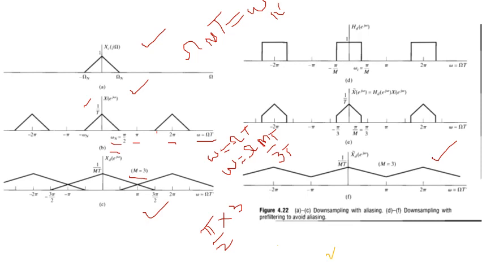Likewise you can find out this other point. This will obviously go beyond pi. It is not difficult to find this point, because we know that this point is omega s minus omega n, and omega s here is 2 pi by t, so it is 2 pi by t minus omega n. Anyway, the important thing to learn here is that we have lowered the sampling frequency.